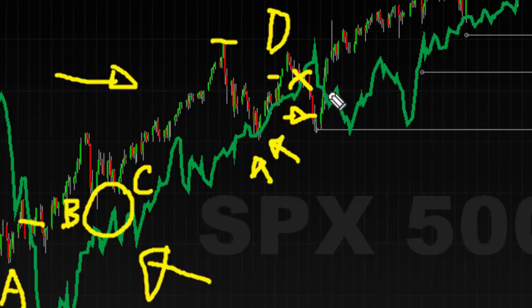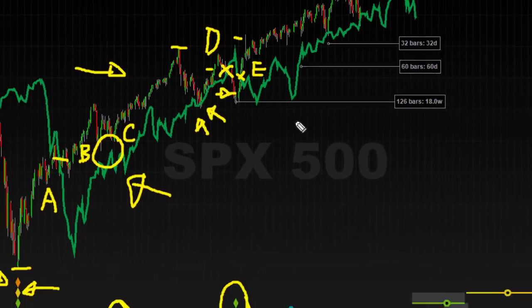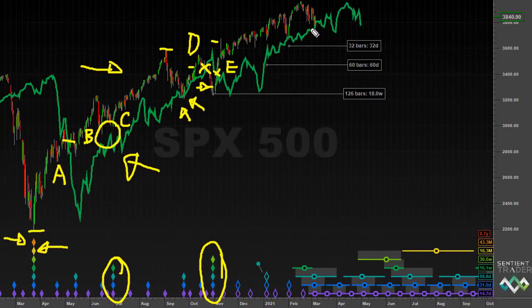The next interaction is, of course, the E category interaction, where price crosses back up above the level of the FLD, and it usually rises up and achieves that target, which it did over here. Now, the next interaction that we are expecting is the F category interaction.